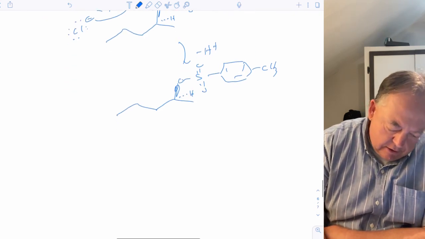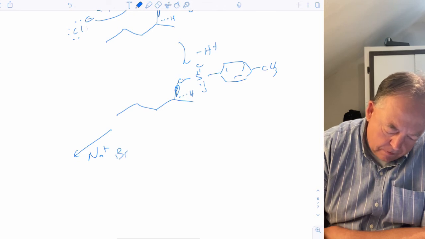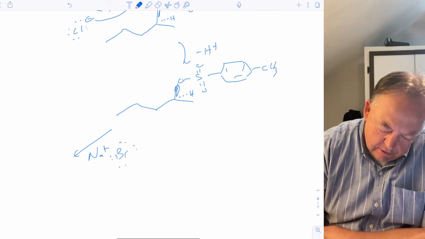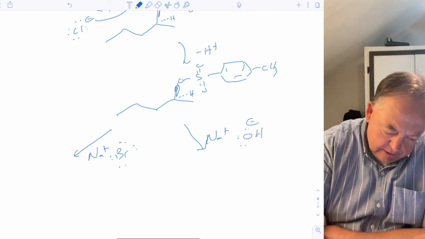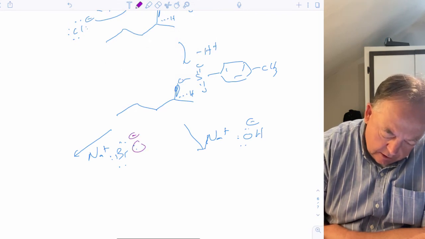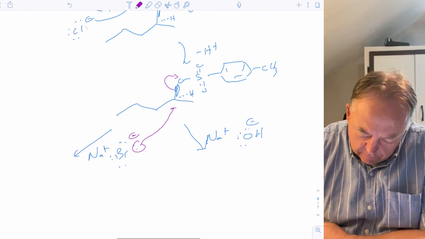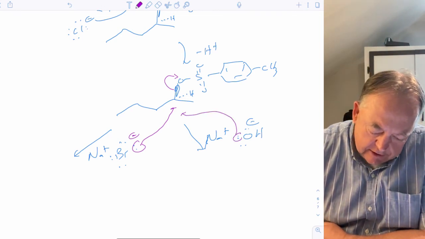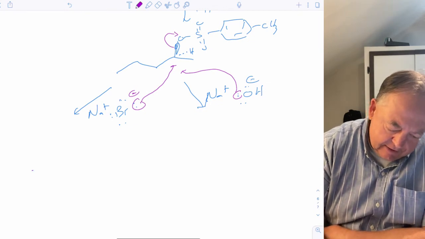But now, when you do the next step, all right, so whatever nucleophile you choose, the next step is the SN2 reaction. So that attacks here, kicks off the OTs group, or if it's a hydroxide, that attacks here and kicks off the OH group. And so this is the SN2 part.